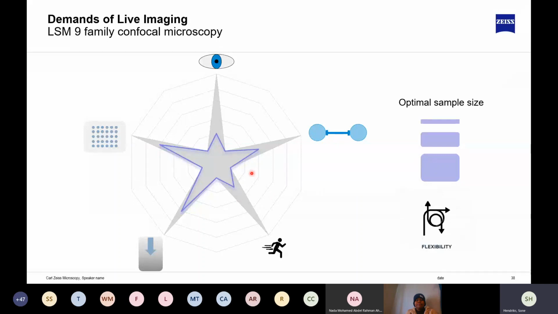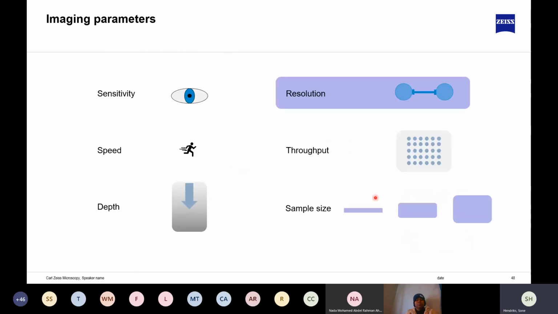Next week, Monday, I think we're going to talk about super resolution, and then I will talk about all the different things that we have developed with our new LSM 9 family to help push really into the sensitivity, into the throughput, going much deeper, increasing the speed, and really increasing the resolution of confocal microscopy as well. As a base, confocal is your most flexible type of technique for the majority of samples.